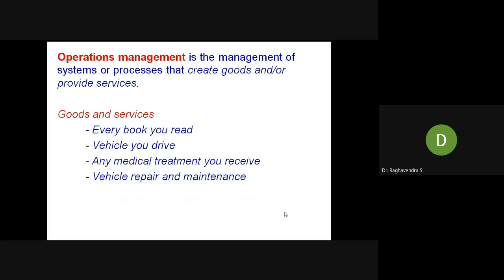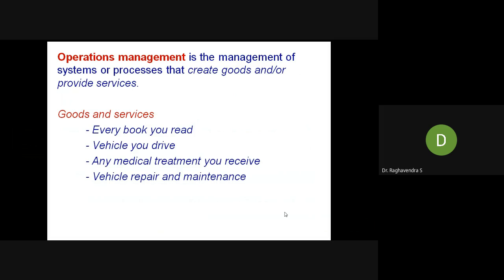In the goods sector, you may produce any component in the industries, or you may manufacture any goods or components or tools, whatever it is. Or sometimes you are going to provide some services, for example hotels, hospitals, all these come in the service sector. So it may be any management. Managing the system, the whole process in the organization, is called operation management.